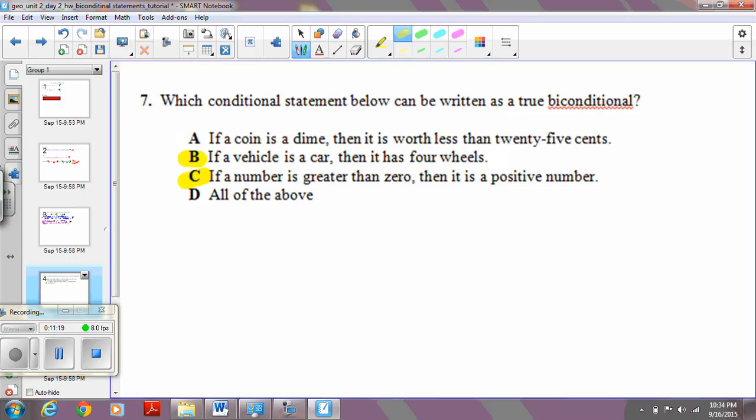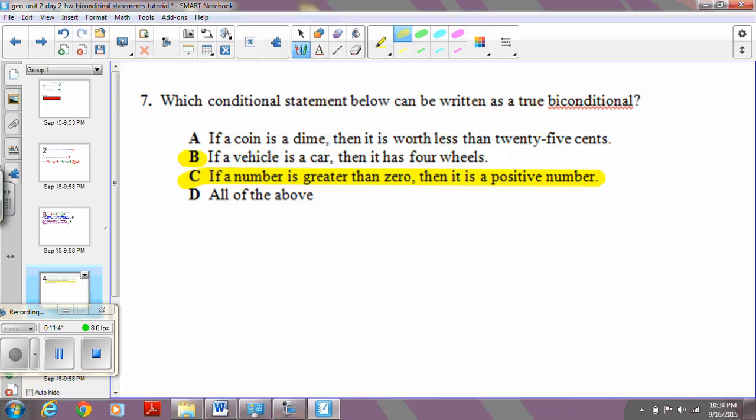I definitely know C is for sure true no matter what. So let's just say our answer is C to be on the safe side because we definitely know it's not all the above, because A is not included.